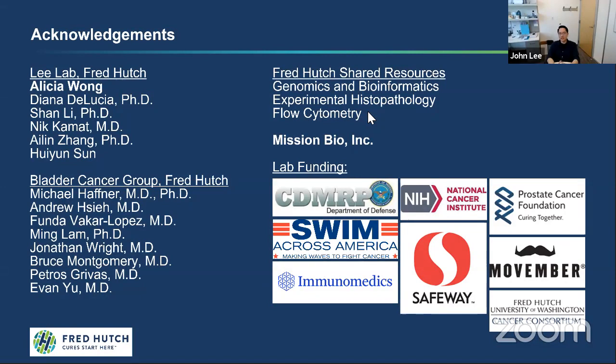So essentially, yeah, we cut the tumor in half, and then we took half of it for histology. And then the other half we dissociated to perform the Tapestri analysis.